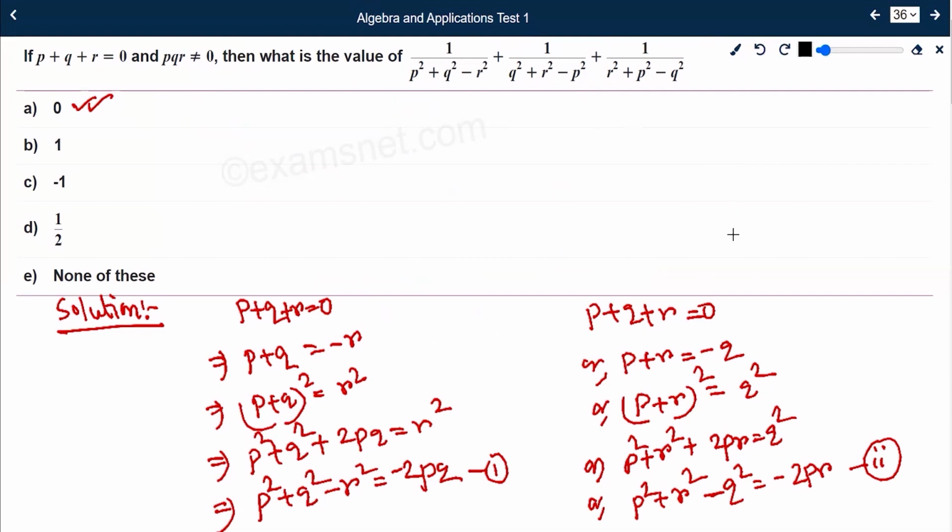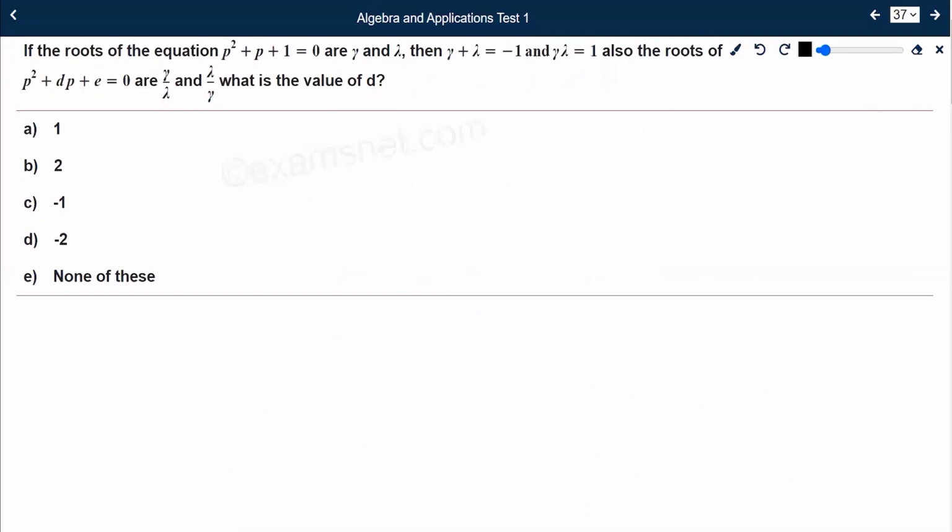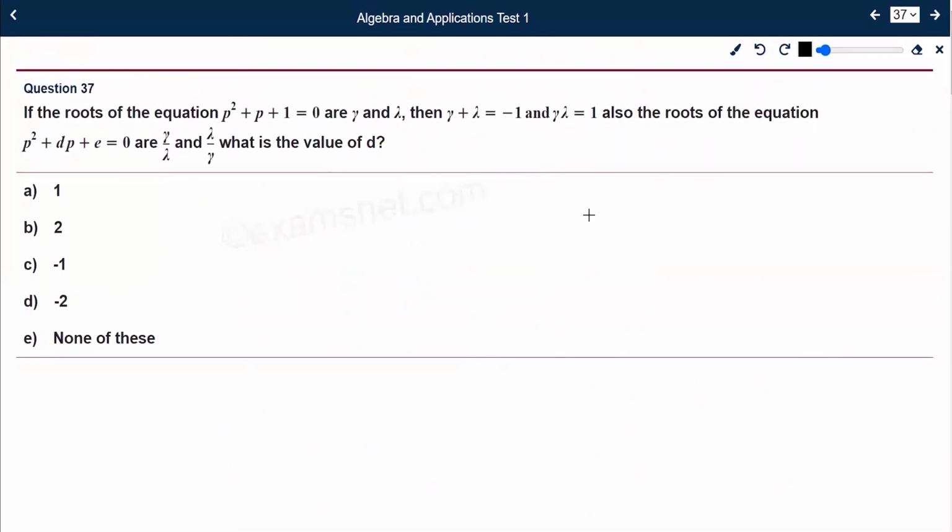Let's move towards the next sum. Here is question number 37. If the roots of the equation p square plus p plus 1 equals 0 are lambda and delta, then lambda plus delta equals minus 1 and the product of lambda and delta equals 1.